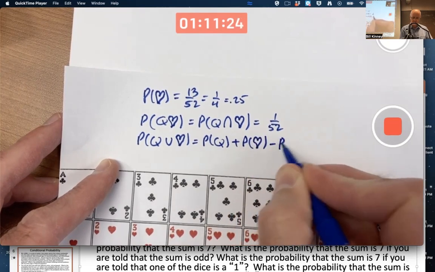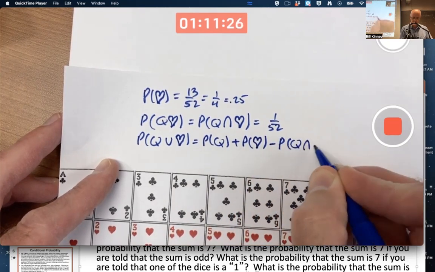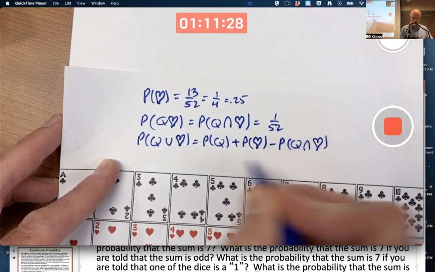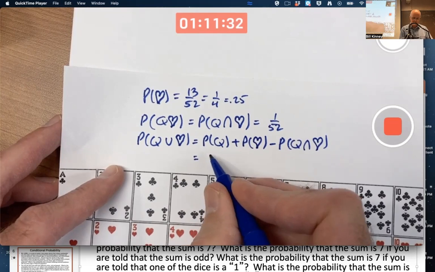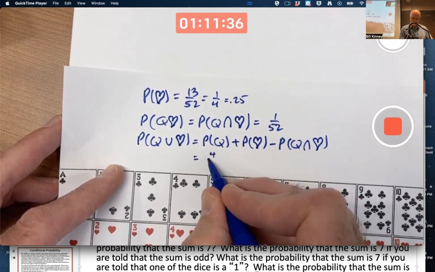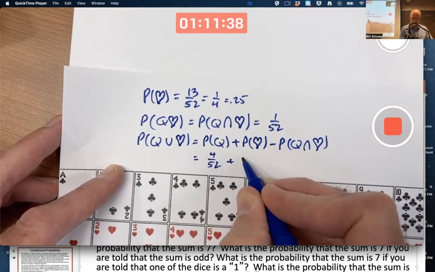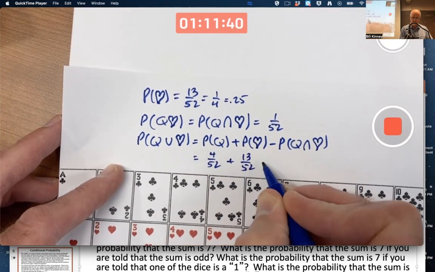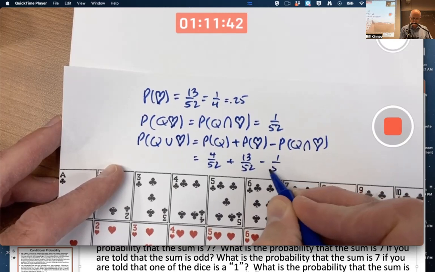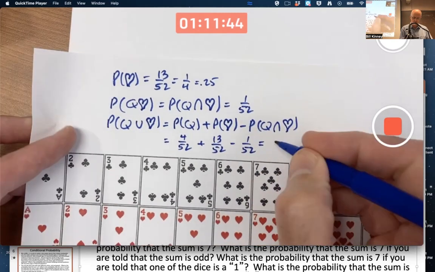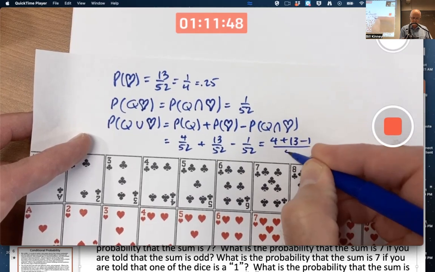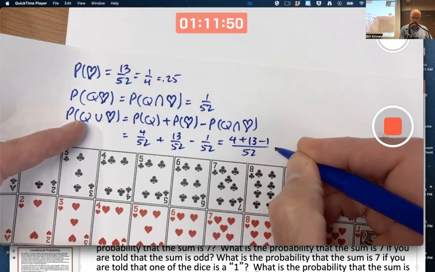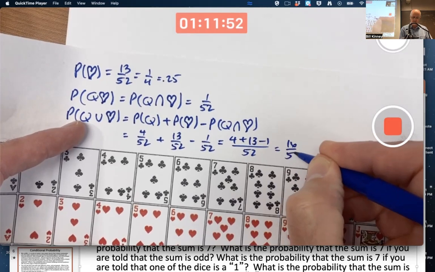and subtract off the probability of the Queen of Hearts. Probability of being a queen, it's good to keep denominators of 52 here. It's 4 out of 52. Probability of a heart is 13 out of 52. Probability of being the Queen of Hearts is 1 out of 52. They all have the same denominator. So yes, effectively you are taking 4 plus 13 minus 1 over 52. 16 over 52.